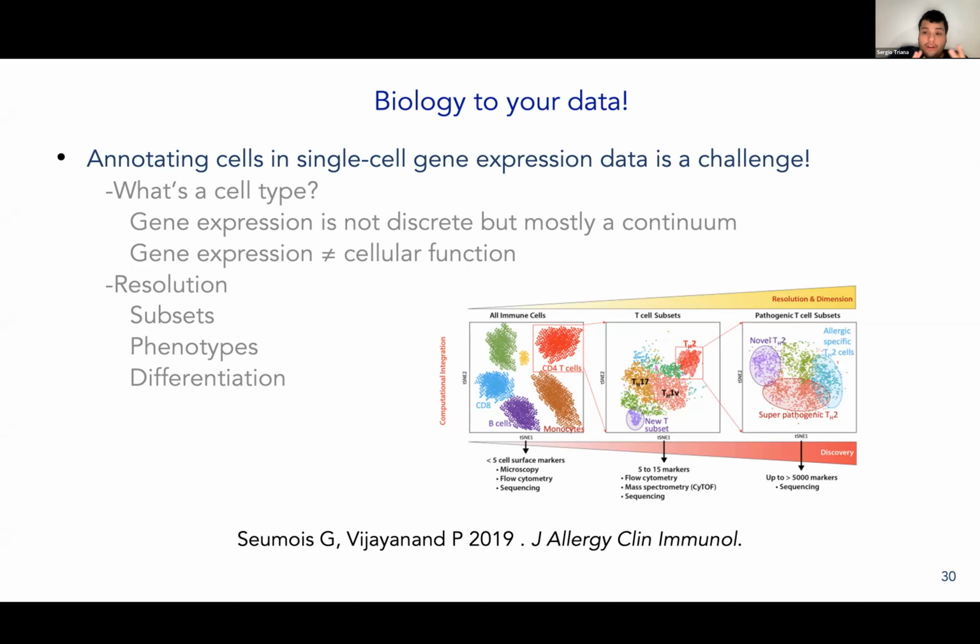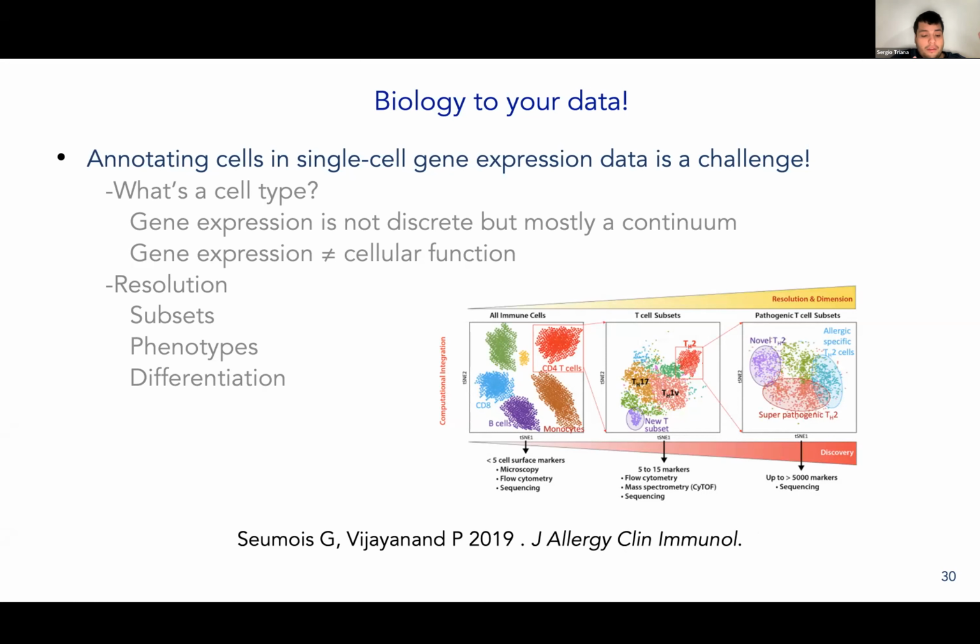Annotating cells on the single cell expression is quite challenging in the sense that, well, what is a cell type? That's still a very defining question, and even understanding the history of what a cell type is, is important. Until maybe 10 or 20 years ago, cell types were defined by multiple approaches. They could be functional validations, they could be microscopy, they could be theoretical knowledge.